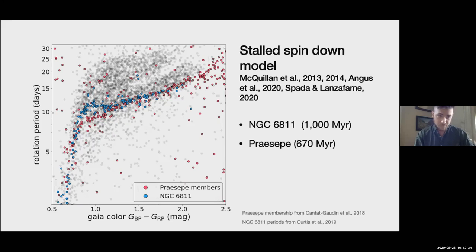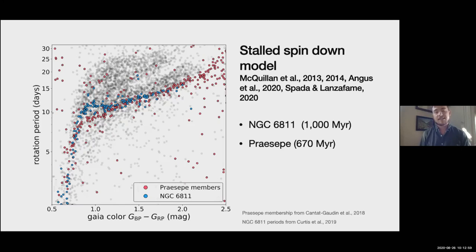One possible explanation of that, at least, is modeling done by Spada and Lanzafame: that we have a mass-dependent core-envelope coupling timescale. So lower mass stars would have their envelopes remain coupled to their cores for longer periods of time.